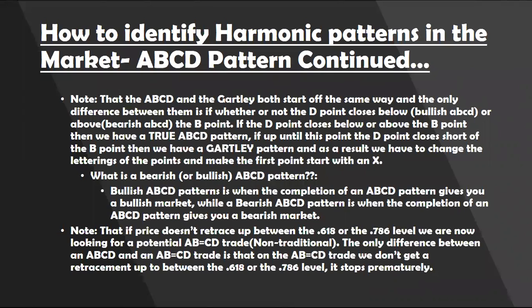It's pretty much the same as the ABCD, but now we have a retracement short of the 0.618 level, around the 0.5 level, so we consider it a non-traditional AB equals CD pattern, because it's more conventional to have that 0.618 level hit. As I mentioned, the only difference between the ABCD pattern and the AB equals CD trade is that on the AB equals CD trade, we do not get a retracement up to the 0.618 or the 0.786 level. It stops prematurely. We'll talk about that later.